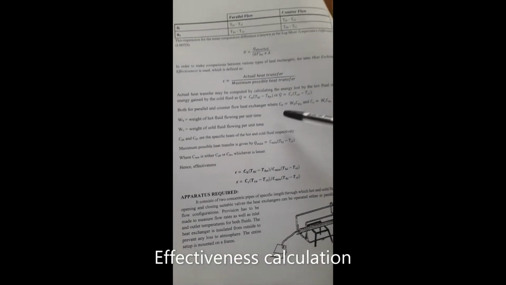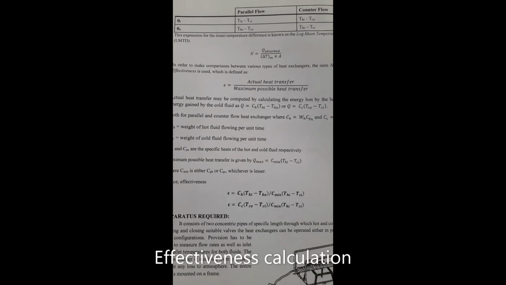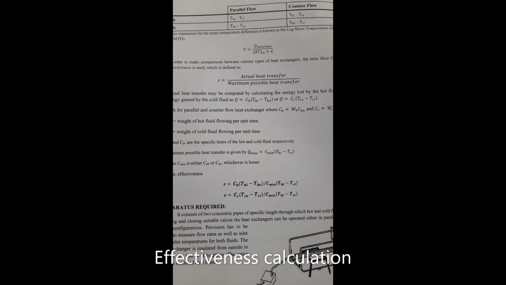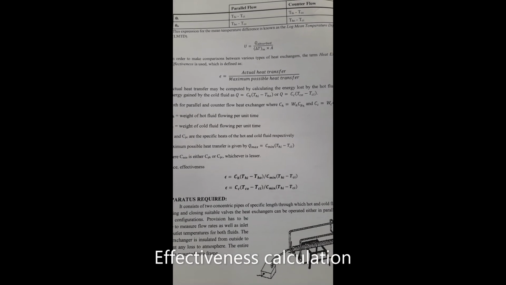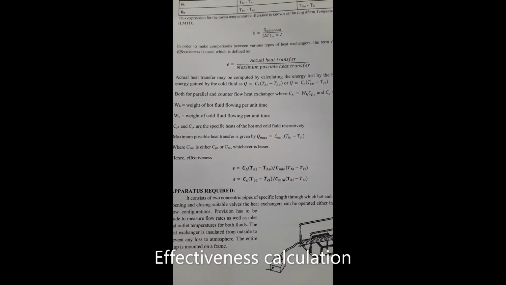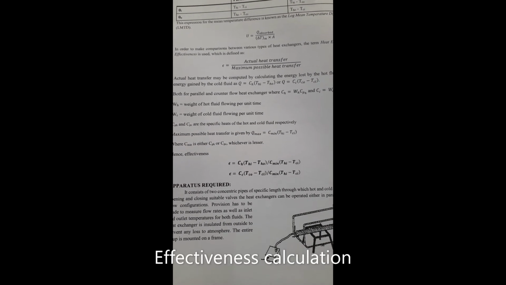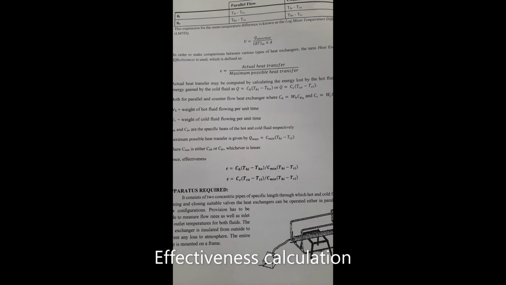One more parameter we need to calculate is effectiveness. There is a formula for effectiveness: it is the actual heat transfer divided by the maximum possible heat transfer. Actual heat transfer we know how to calculate: you can equate the heat transfer rate to the heat gained by the cold fluid, which equals the heat lost by the hot fluid.